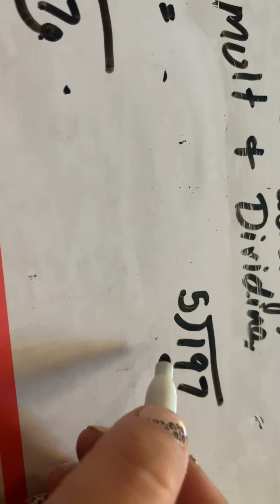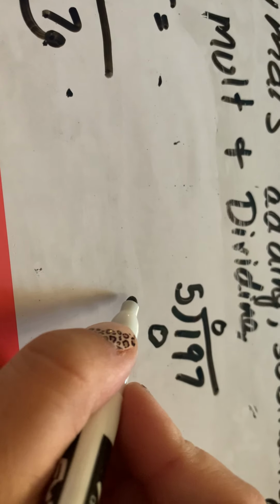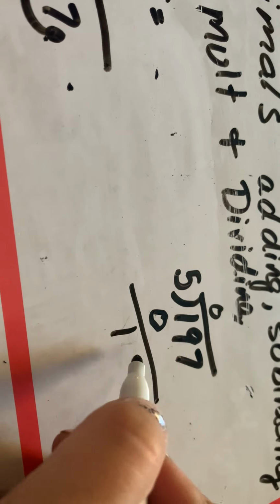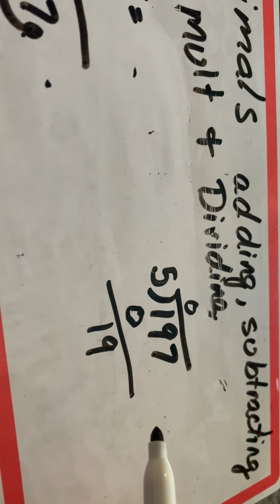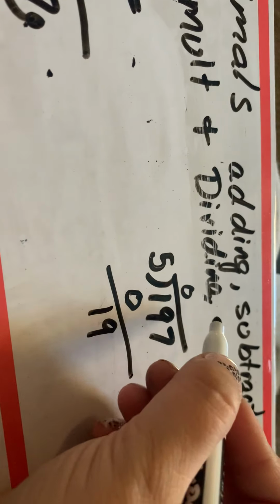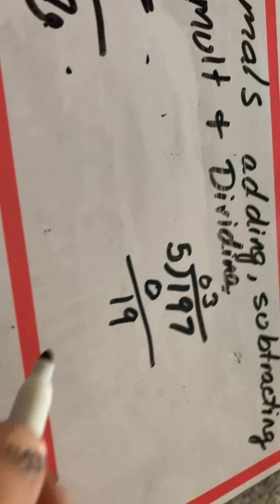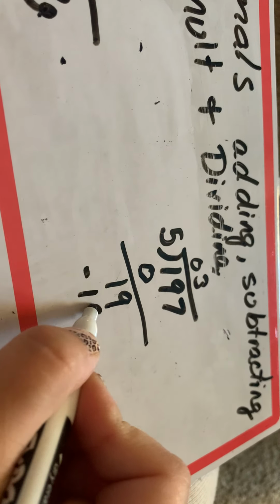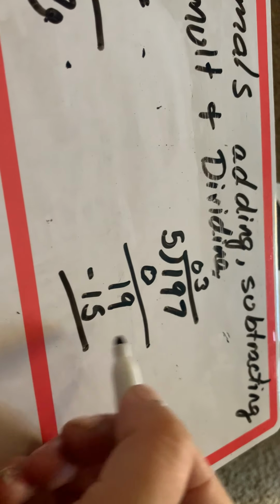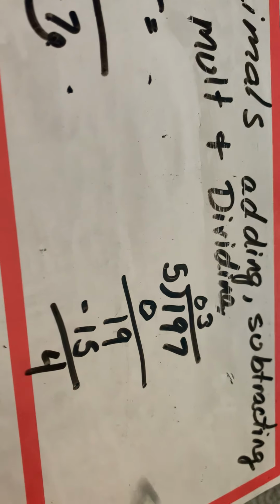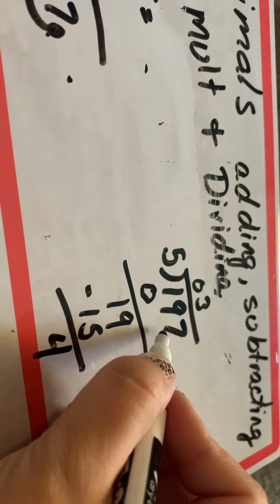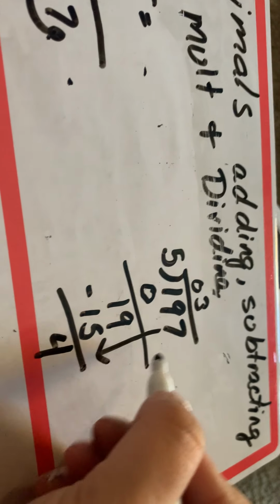5 goes into 1, 0 times, right? We bring down the 9. How many times does 5 go into 19? 3. Minus 15 gives us a 4, right? Bring down that 7.